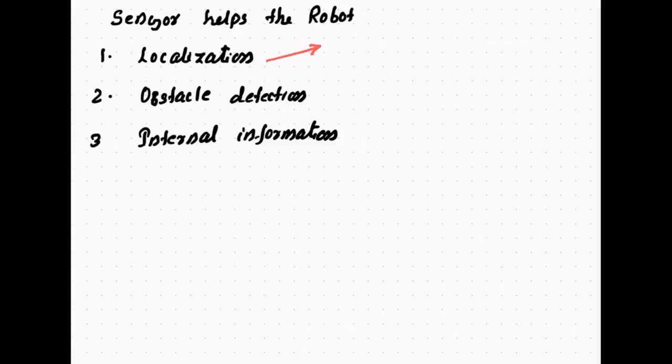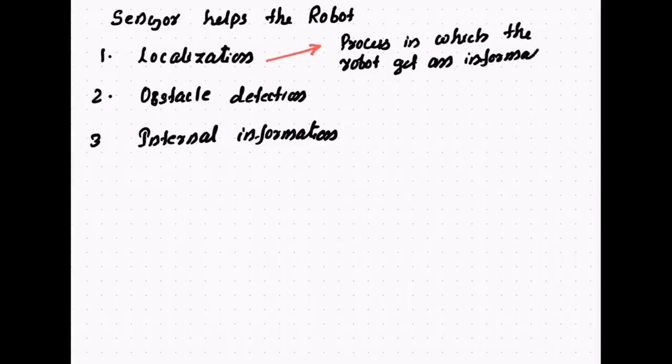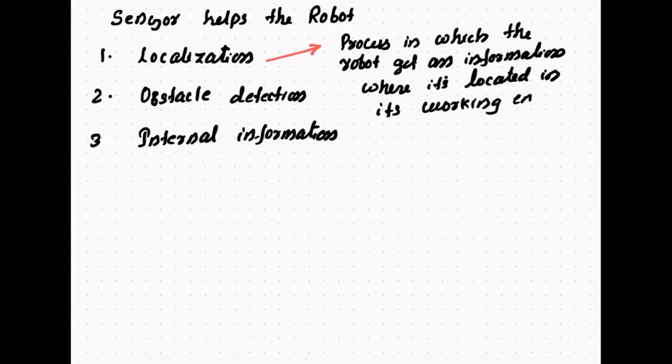First, what is meant by localization? Localization is a process in which the robot gets information about its working environment, or the place where it is deployed for operation.